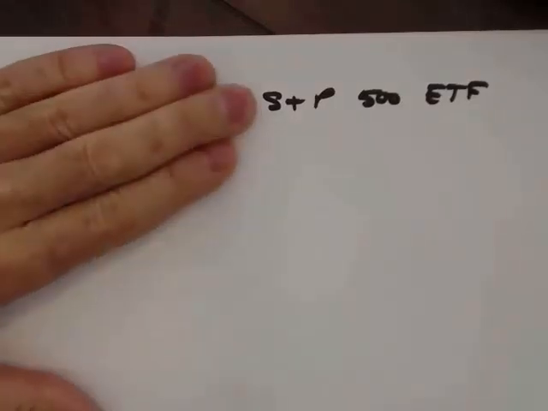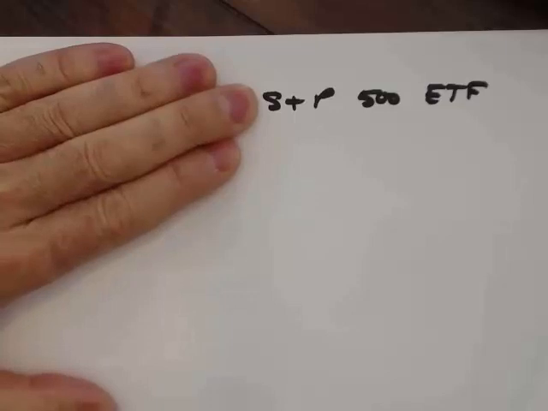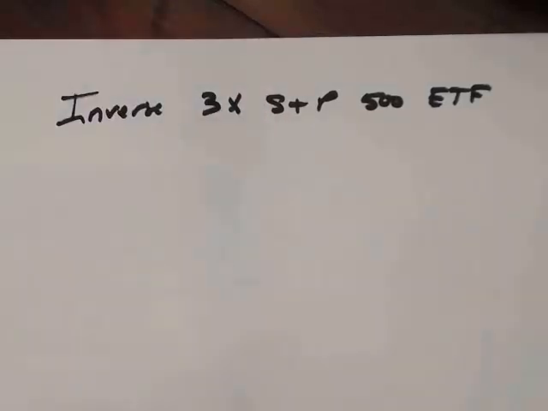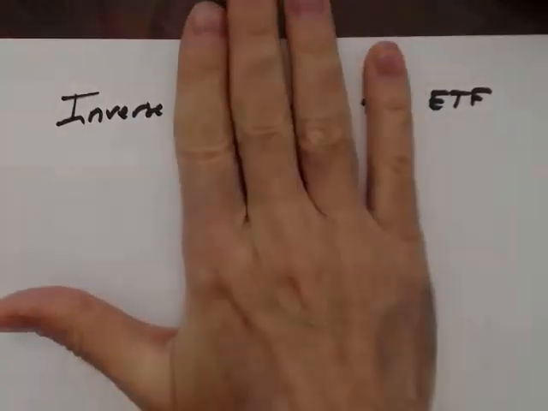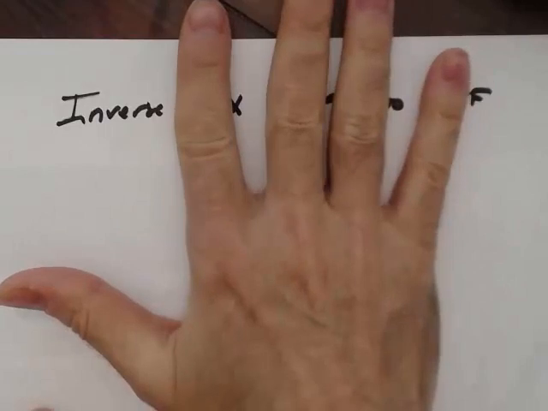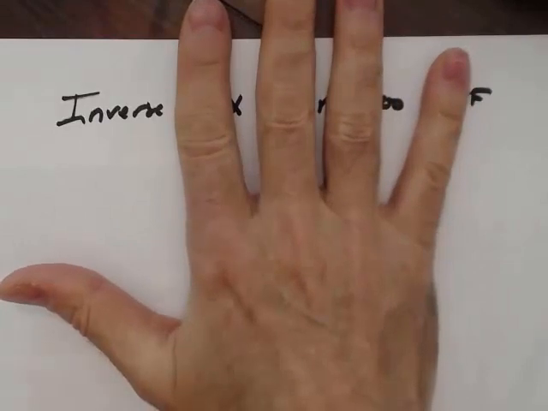Okay, so first off, the foundation of the whole analysis is based on the S&P 500 exchange traded fund. It's based on the index of the S&P. The word inverse tells you that you want this exchange traded fund to move the opposite of what the S&P is doing. That's what the inverse means.